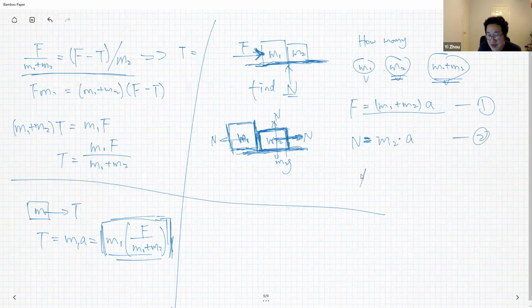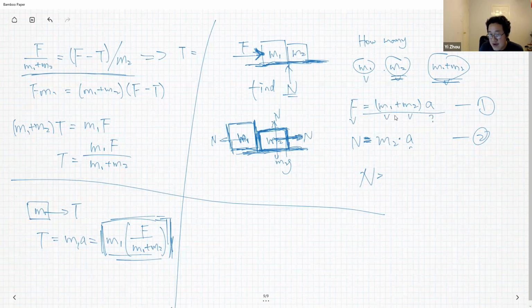Now can you get the normal force when we solve these two equations? Let's see which variables are known. F is known, M1 is known, M2 is known.